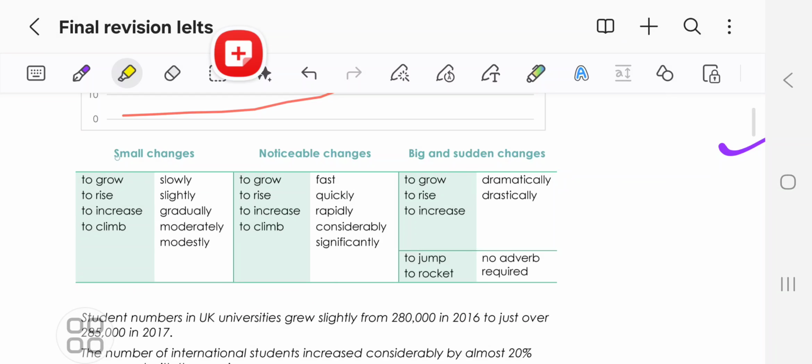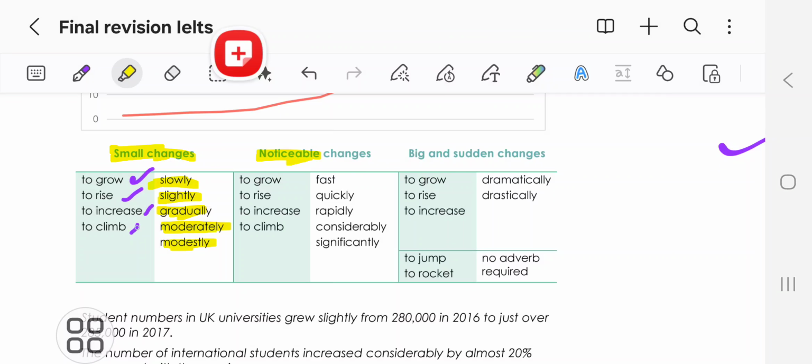For example, if we talk about a small change, you can say there is some growth, rise, increase, climb. You can say slowly, slightly, gradually, moderately, modestly.